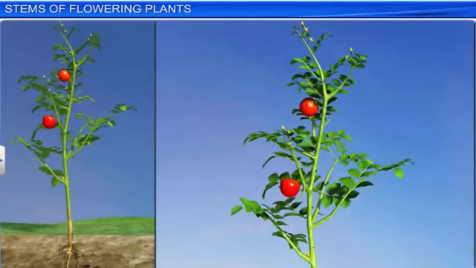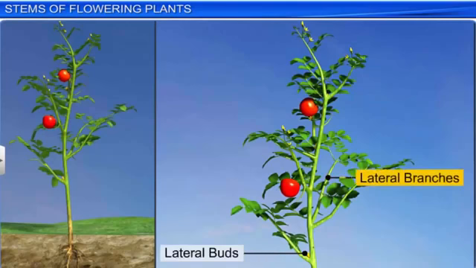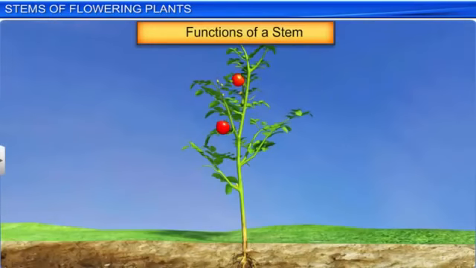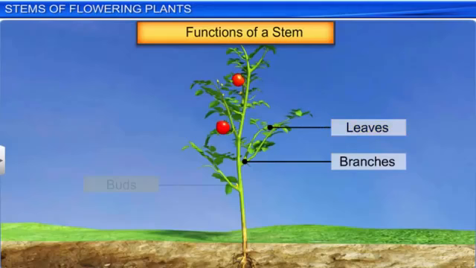As the stem grows, many lateral buds emerge, which grow into lateral branches. These branches further develop other lateral shoots called twigs or branchlets. Now, let's learn about the functions of a stem. The stem, along with its branches, holds the leaves, buds, flowers and fruits.